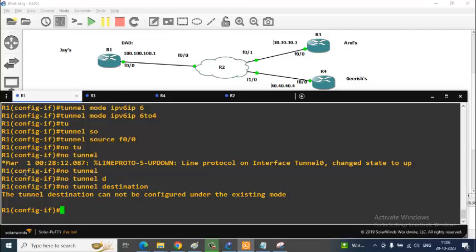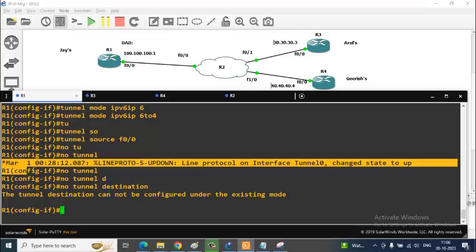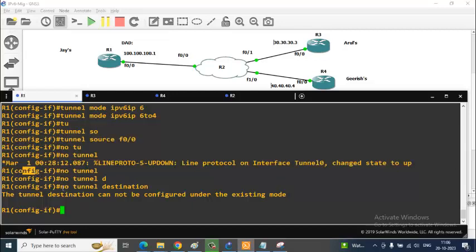Correct. That is good. I was just saying it, but this operating system is very smart. It already knows that it cannot be configured because you have chosen this mode. It needs to be dynamically derived. Okay, that's nice.